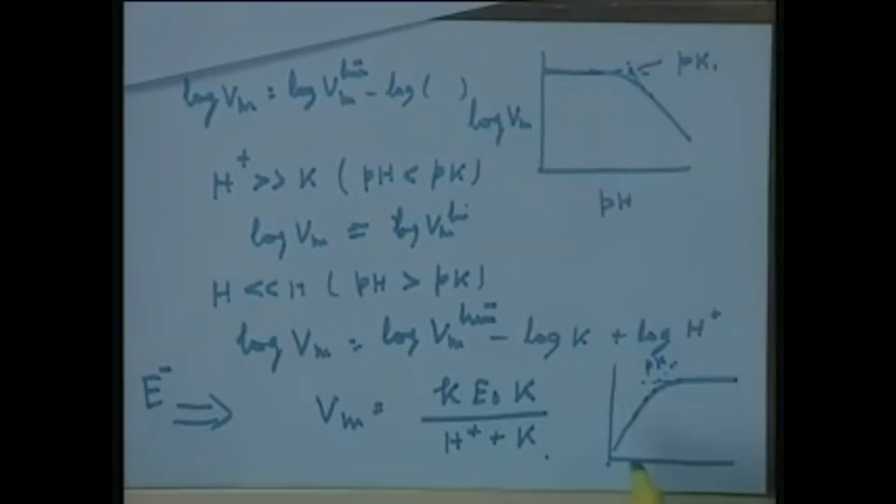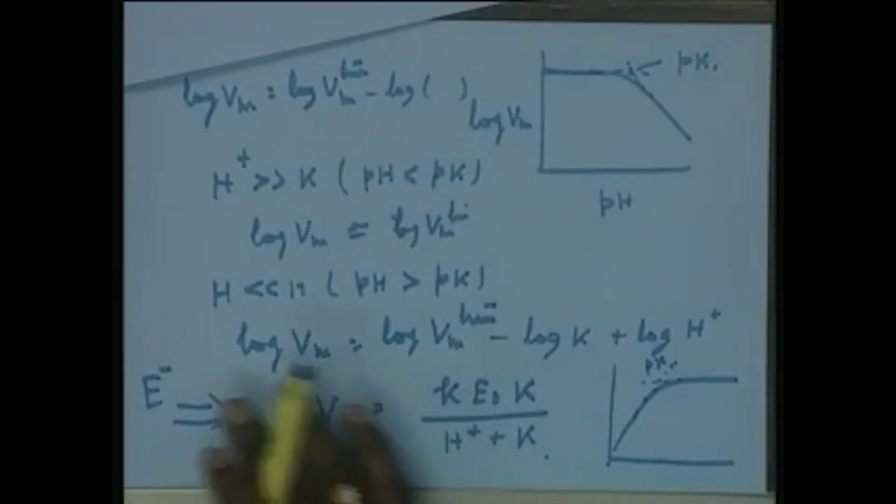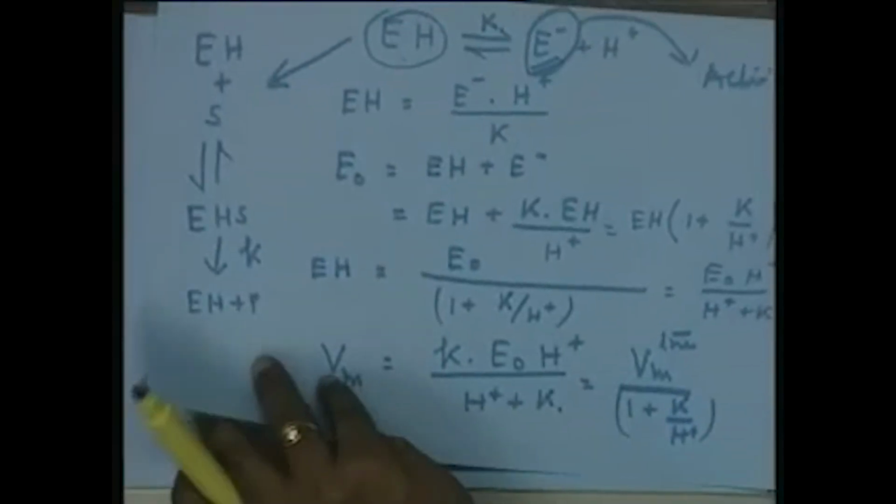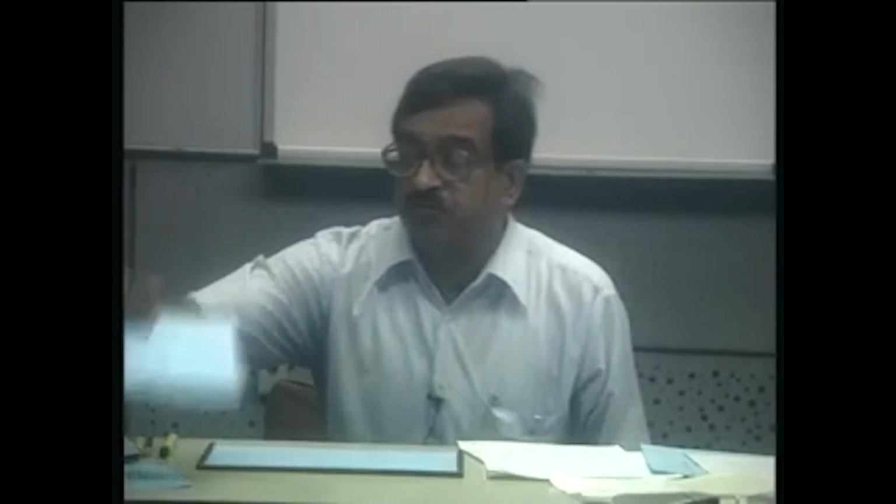So the only difference is that the direction of the pH effect will be changed, and obviously the analysis will remain on identical lines. Now that is of course a very simplistic situation, and very rarely will you find an enzyme which really gives you such a situation.